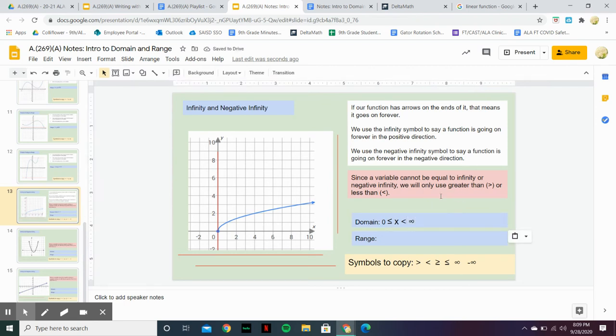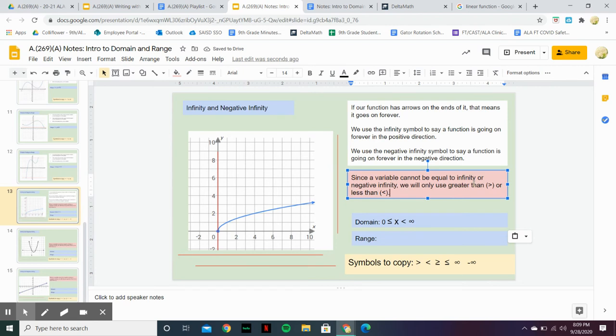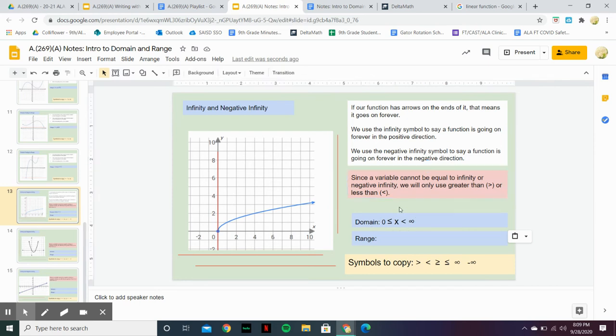And since a variable cannot be equal to infinity or negative infinity, we will only use greater than or less than when we have infinity in our domain or range. So this domain tells me that x can be any number equal to 0 or greater than 0 forever and ever in the positive infinity direction.